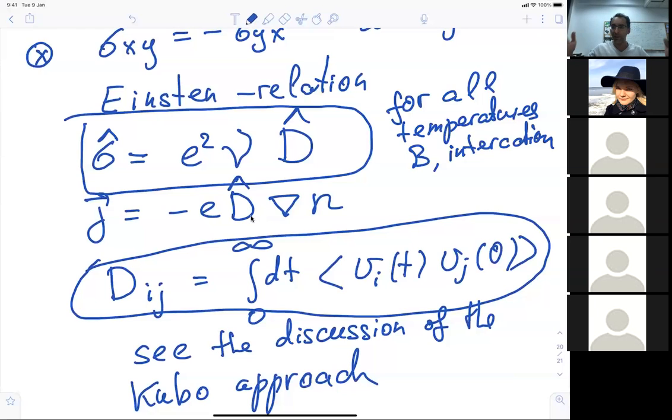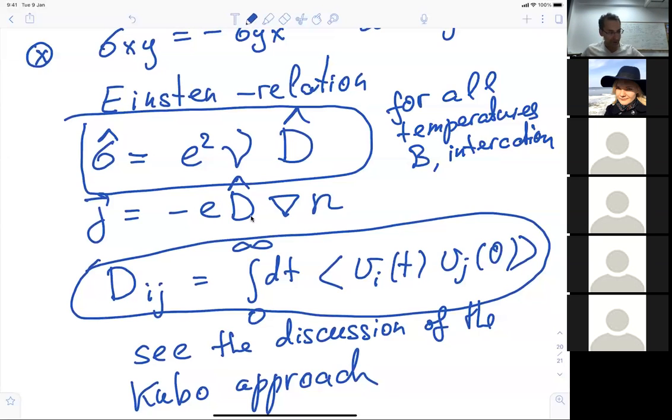So if there is a process of normal diffusion, which is quite general but does not always exist, and there is a linear regime of response of the current to electric field, which is also quite general but does not always exist, then these two things are intimately related to each other via the Einstein relation, in which case both electric conductivity and diffusion matrix are tensors.